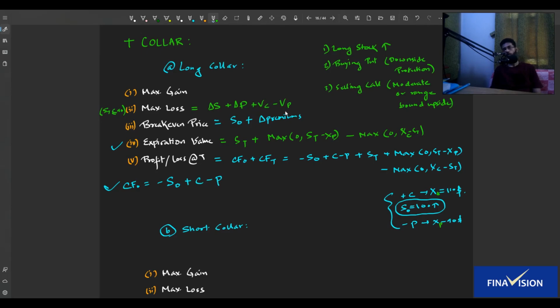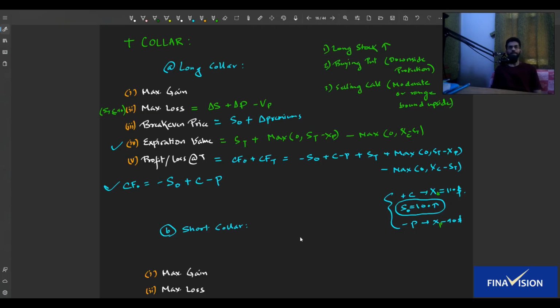Why minus the value of the put? Because the put is actually reducing the losses. By buying the put, there is protection below $90, right? In our example, there is protection below $90, so this is reducing the losses. So this is how it goes. But the value of the call is 0, so we erase it. The value of the call is 0 because the price is nowhere near 110. It has gone, in fact, below 90, right? So this is the way it occurs.